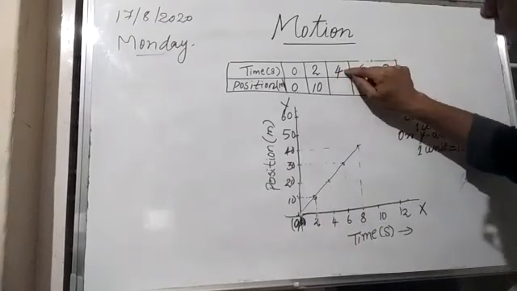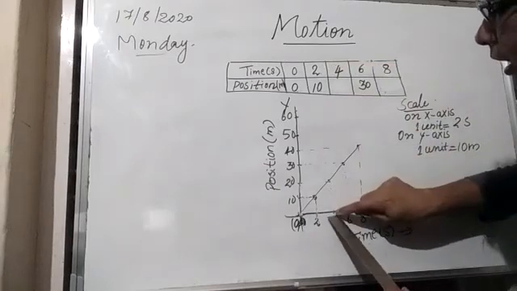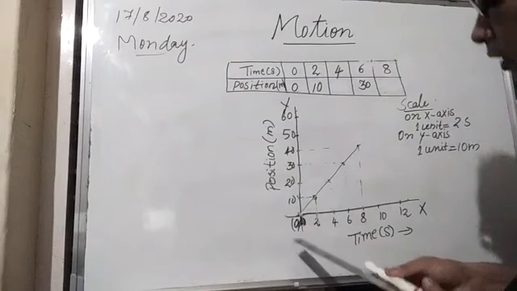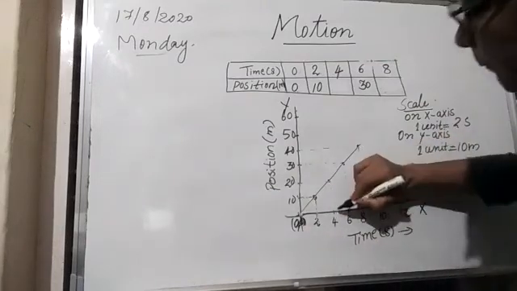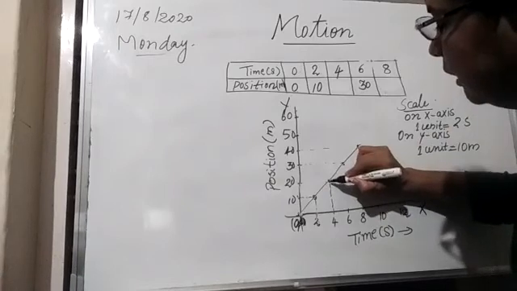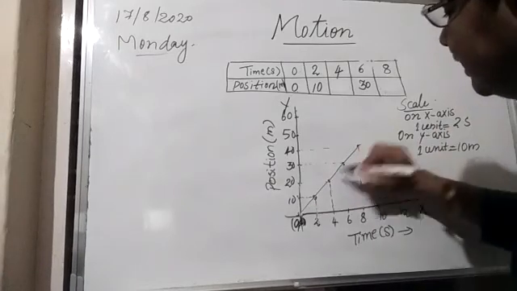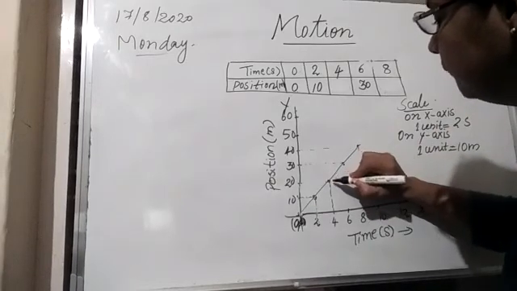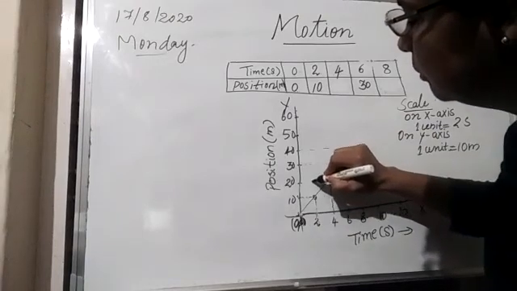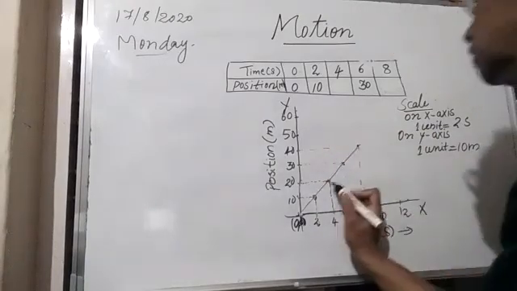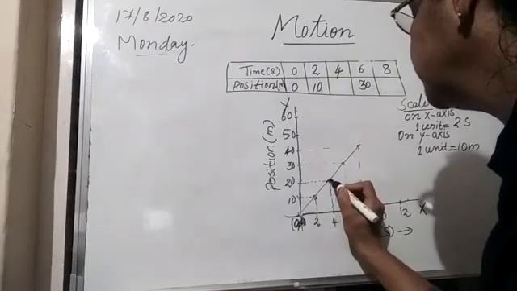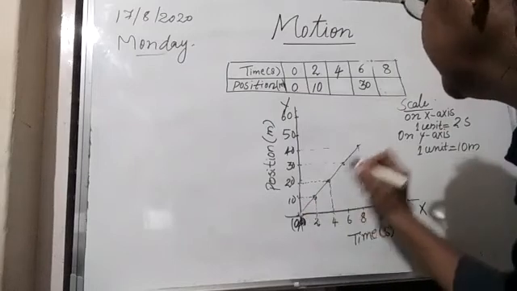So the graph is here. Where is the 4 second mark? Here on the time axis, 4 seconds. From 4 seconds, go straight up. It meets the straight line graph at a point here. And from here, go horizontally straight to the y-axis.